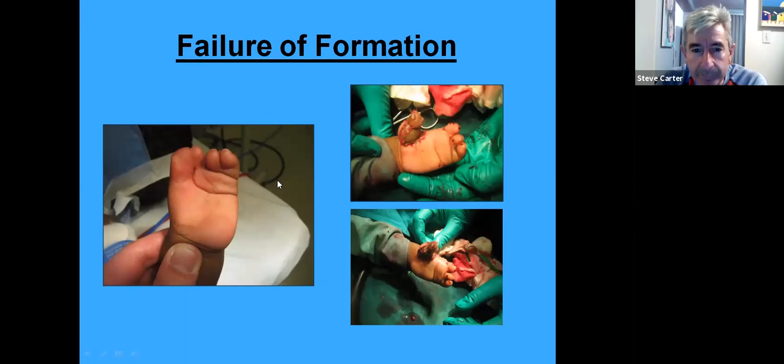Another example of failure of formation, a shortened limb, this we could really classify as probably brachydactyly, short, small hand. And here it goes back to the principle of wanting to achieve function. So in a limb like this, a hand like this, really this is a spoon-shaped hand.